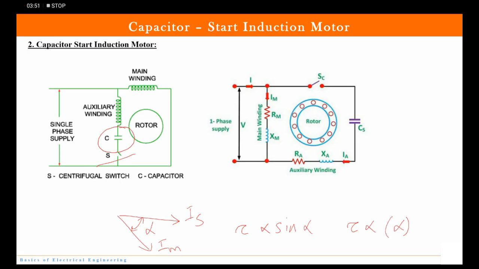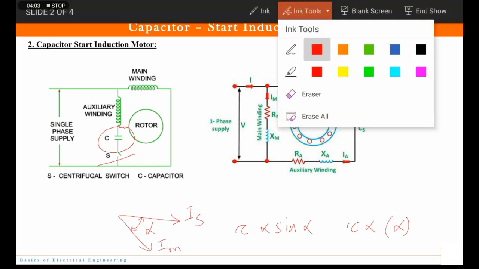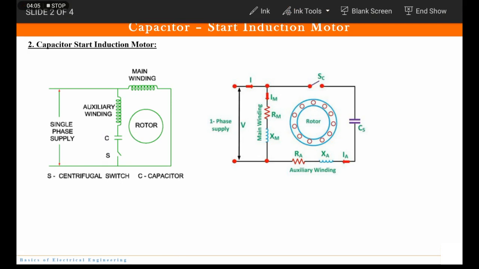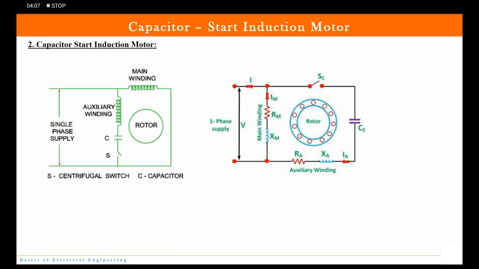And once the rotor attains 75 to 80% speed, even if you remove this auxiliary winding or starting winding, it does not have any effect. It continues to rotate. So basically the addition of capacitor increases the phase split.